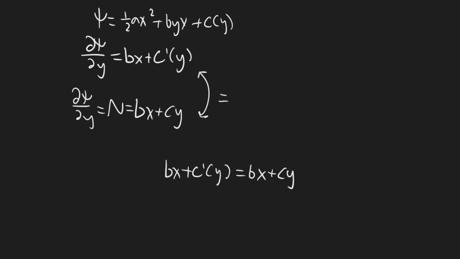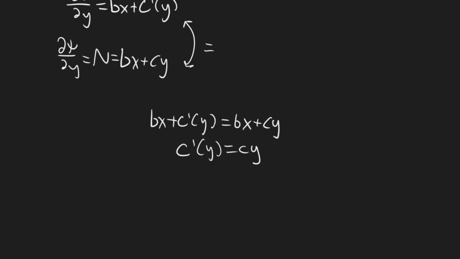Okay, so I have called the function c of y, even though there's a c constant, so I'll keep referring to it as c of y to avoid confusion. This is a function and this is a constant. So we're going to subtract bx from both sides, and we'll get c prime of y equals cy.